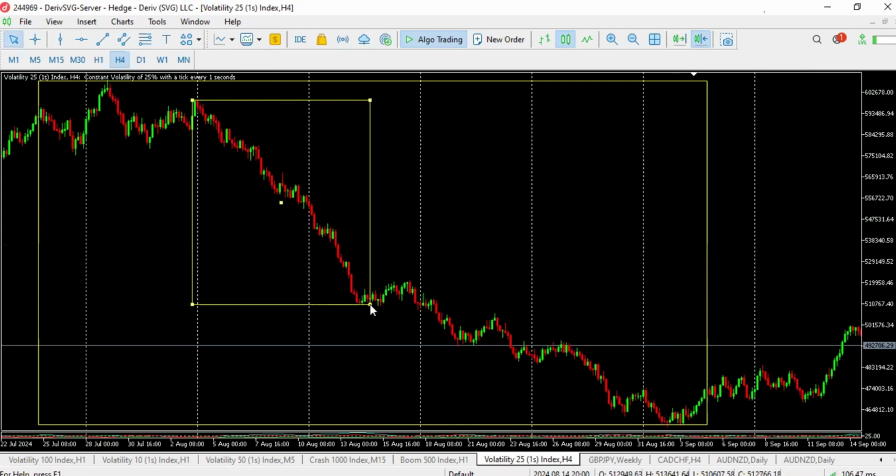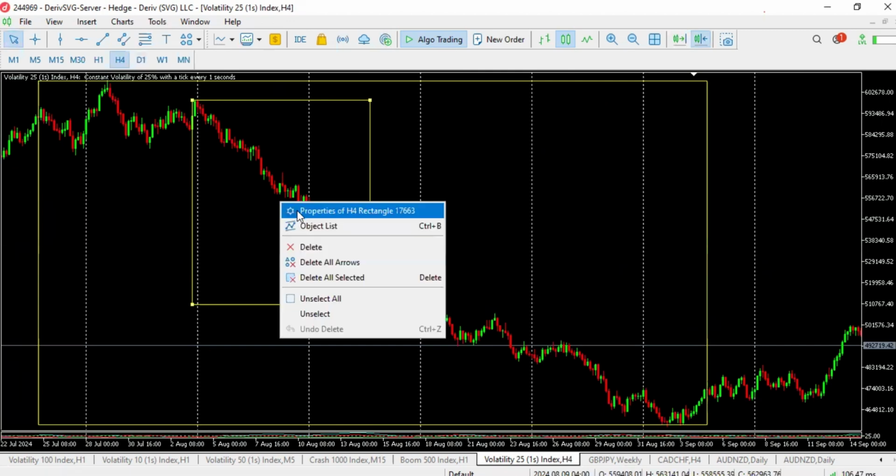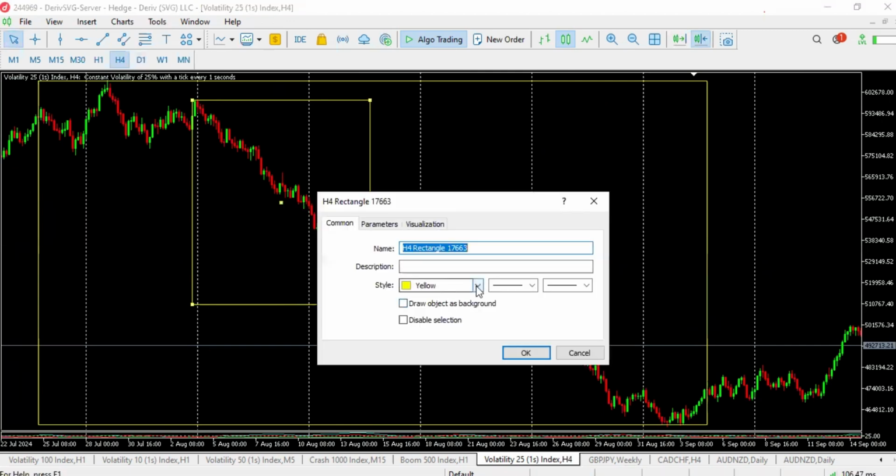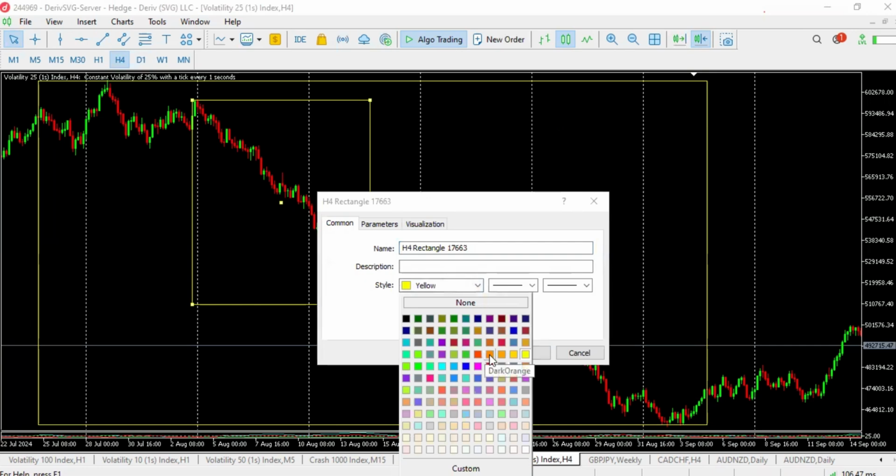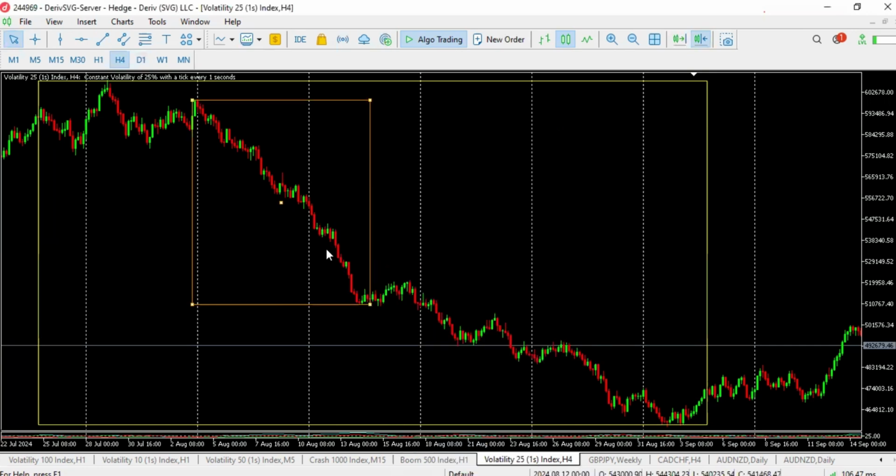I'm going to change the color. I'm going to use something like dark orange. So the market created a peak and then gave us actually two weeks of drop. Then what happened? The market also came back and gave us another drop.